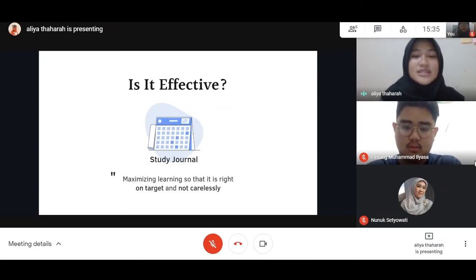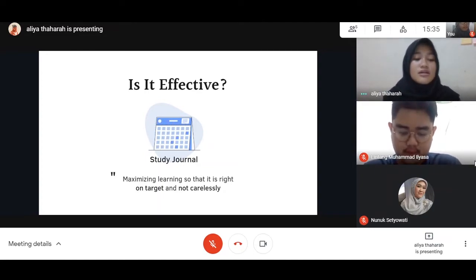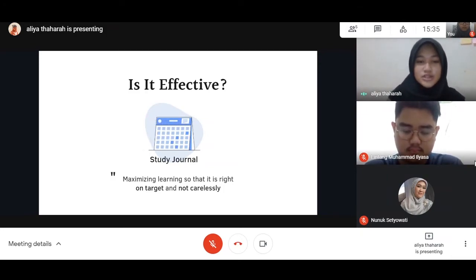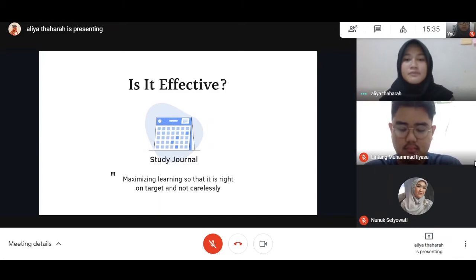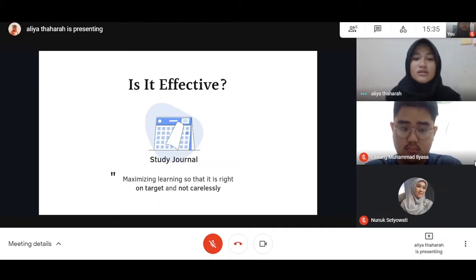And next, is it effective for us to do a learning system with a suitable learning style that I've explained before? Actually, it's still a debatable issue for theorists and scientists.